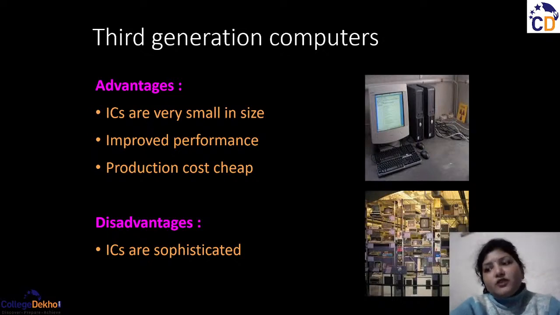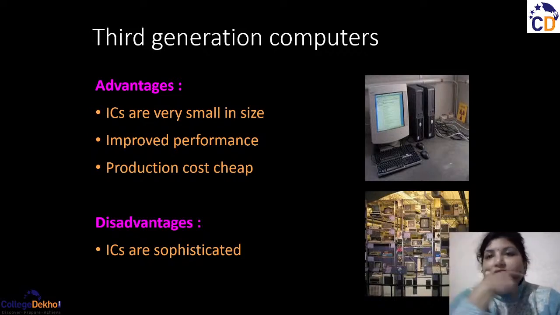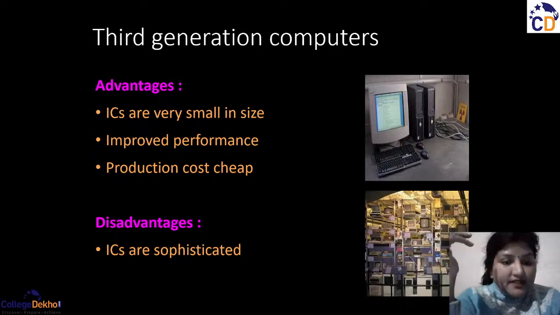Now we are moving from expensive hardware to cheap hardware. Disadvantages: they are very sophisticated material and need to be handled with care, because these systems are very sophisticated, right?